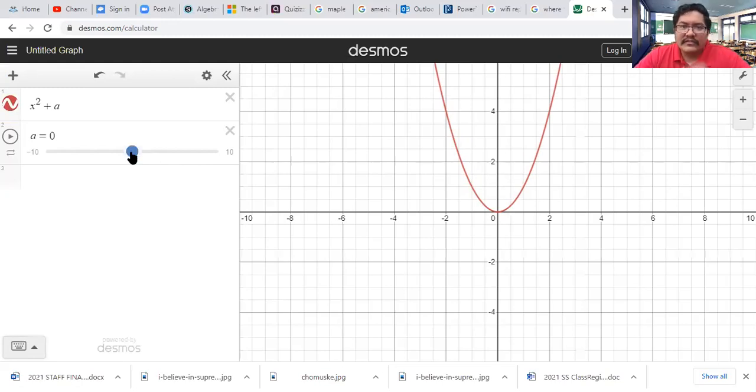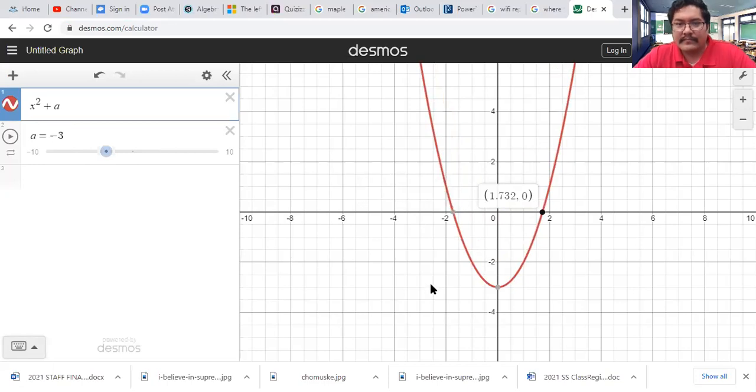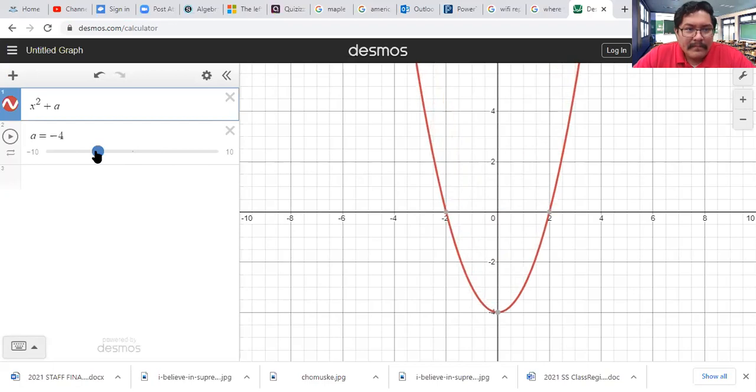Right now, there is one solution. If I were to drop this down, you would notice that I'd have two solutions, one here and one there. You can see that it contacts the x-axis twice.